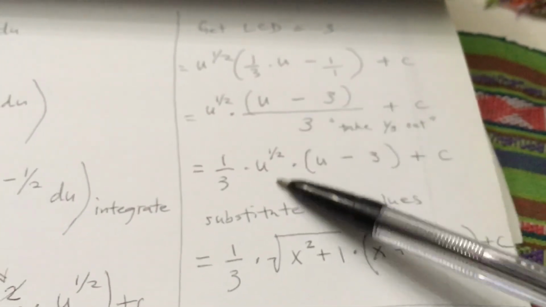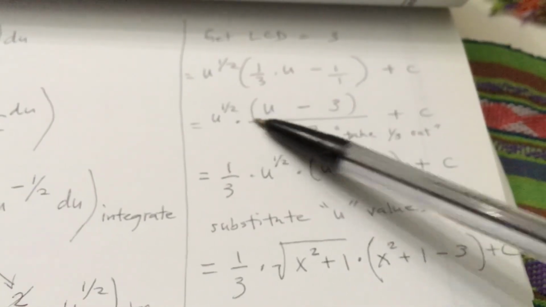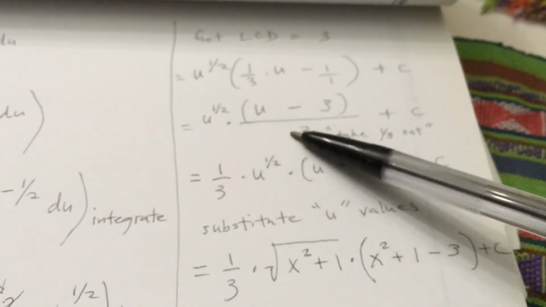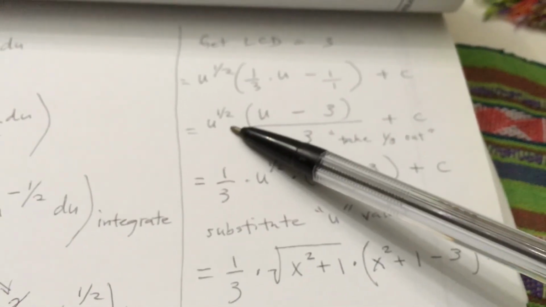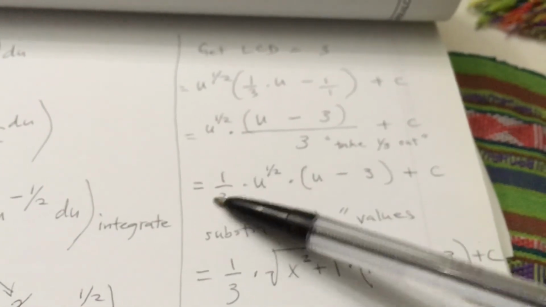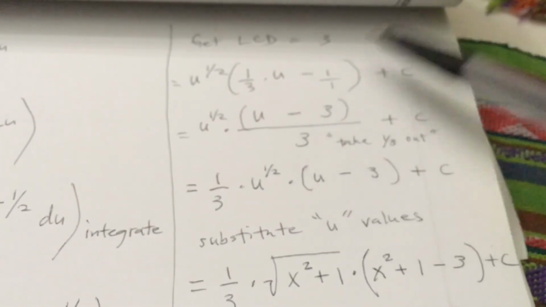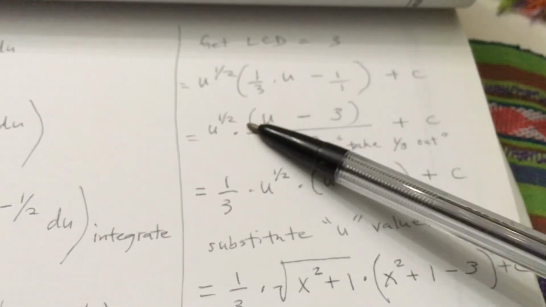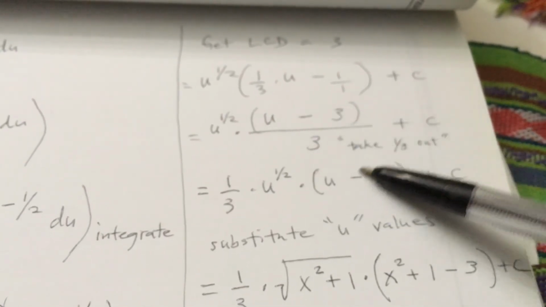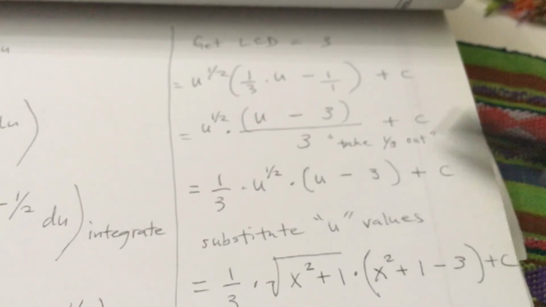And after that, you grab that 1/3. There is a 1/3 here because there is a multiplication operation. You can take that 1/3 out and leave the expression with u minus 3 at the right side, multiplied with plus c.